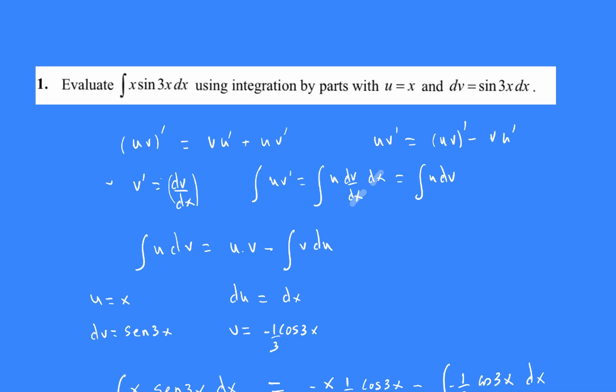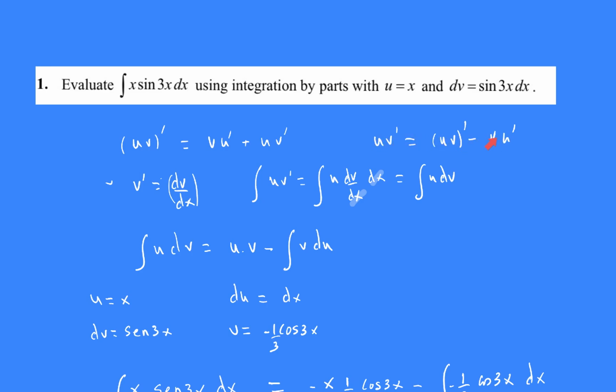Remember that when you take the derivative of the product of two functions, the derivative of u times v is v times u prime plus u times v prime. If you rearrange this equation, you have u times v prime equal to (u times v) prime minus v times u prime.